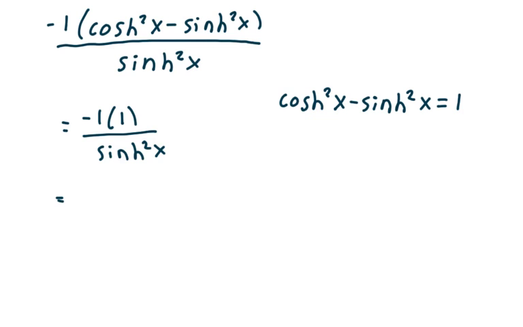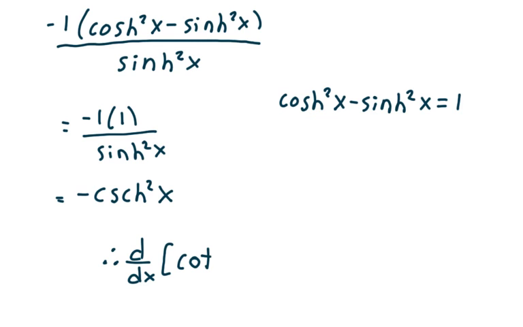And so this is negative hyperbolic cosecant squared x. And we can thus say that the derivative of hyperbolic cotangent x is the same as negative hyperbolic cosecant squared x. And so I wanted to derive the derivative of all 6 hyperbolic trigonometric functions.